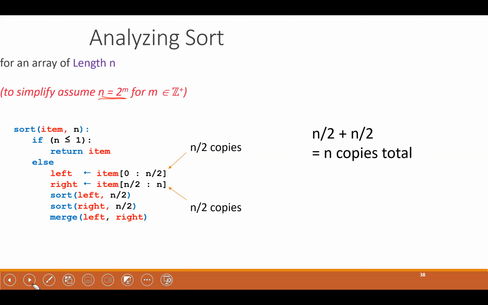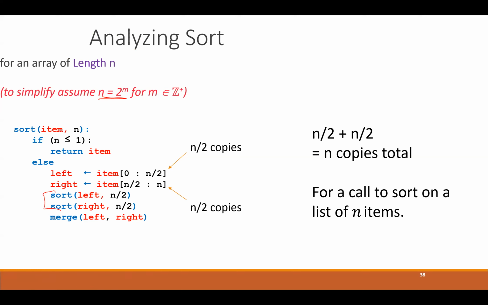So for any given call to sort, I have n copies total at that level. And then I have some number of copies being made recursively here, which we'll get to. But I just want to look at any given call, how much work is being done. So up here, I have n copies being made.